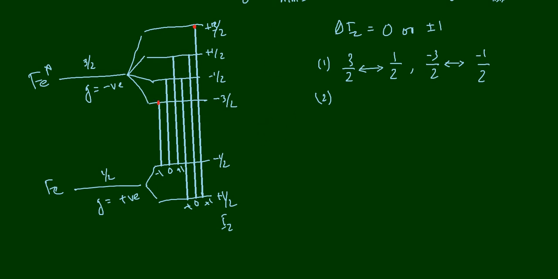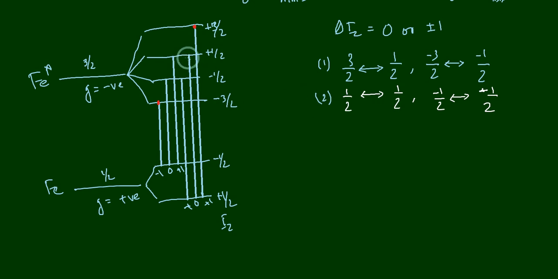And the second pair is 1 by 2, 1 by 2, and the next member is minus 1 by 2, minus 1 by 2. Which are these? For 1 by 2, 1 by 2, the first one shows the excited state and the second one shows the ground state.